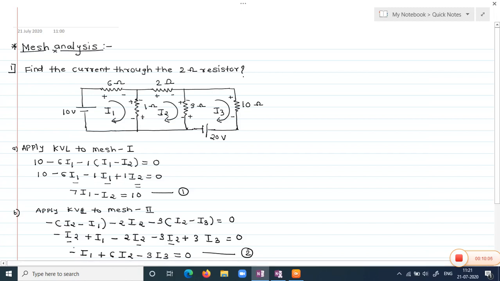Similarly you have to apply KVL to loop third, or we call mesh third. Okay, so here we will write the third step. You have to apply KVL to mesh 3.